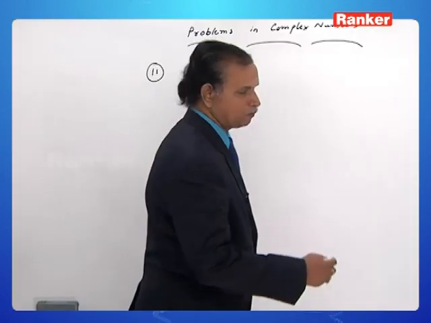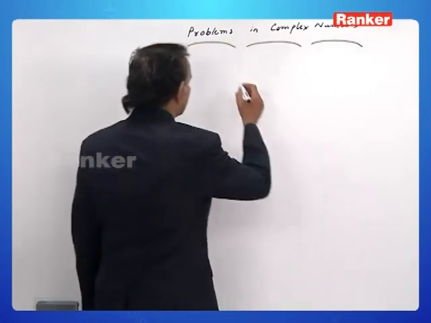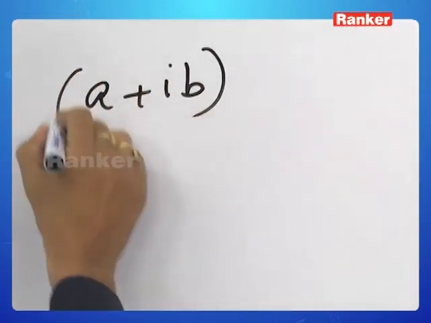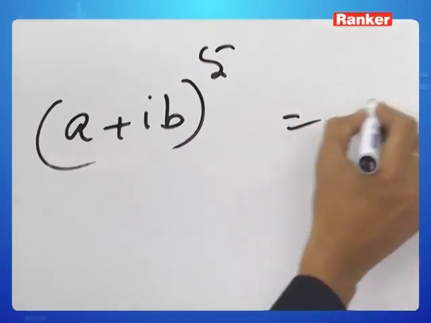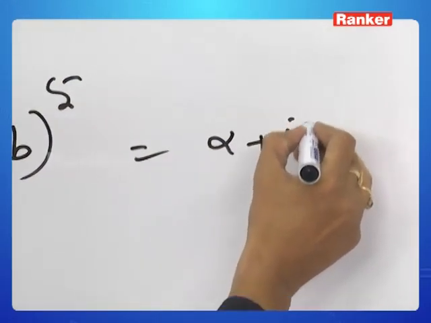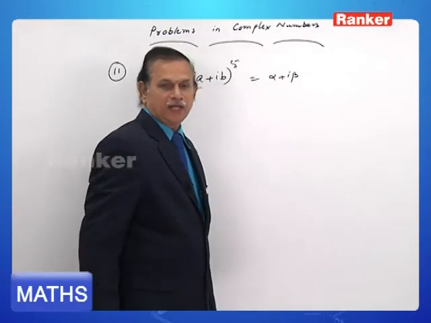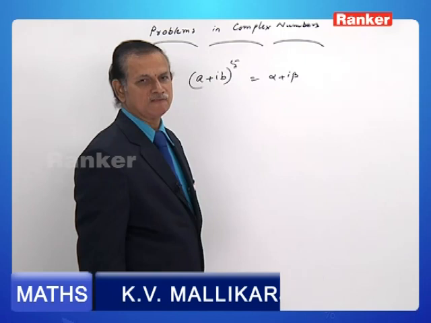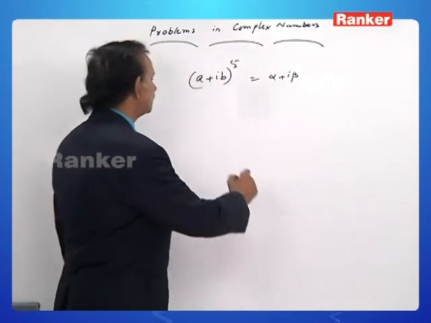Let us see what is given actually. (a + ib)^5 is equal to alpha + i beta.